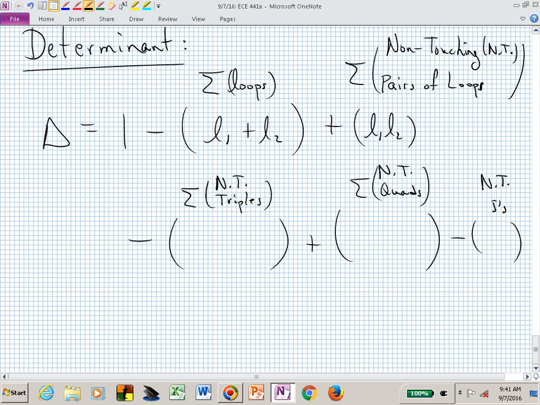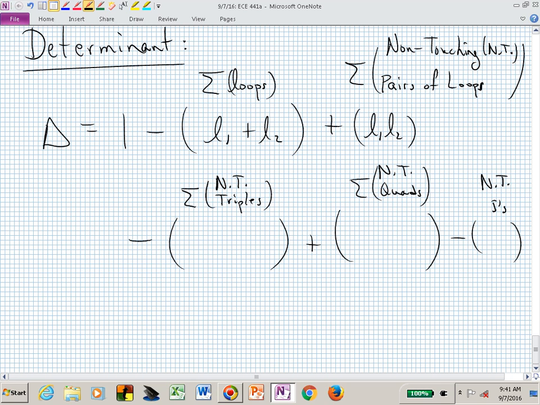So the question is, when we have a collection of loops that don't touch, and we actually have, say, three loops? So let's say those 3 loops are non-touching.